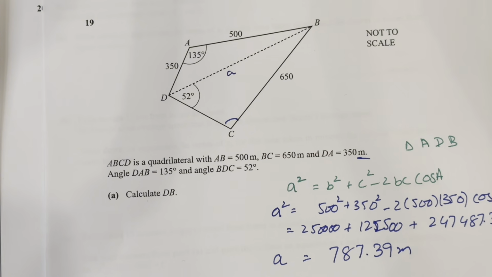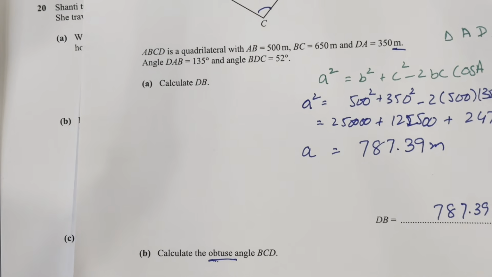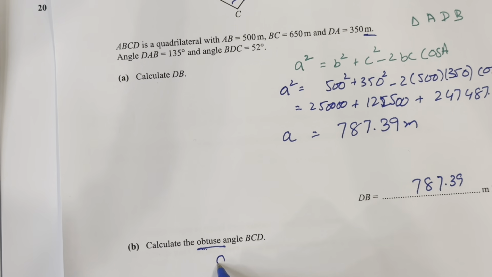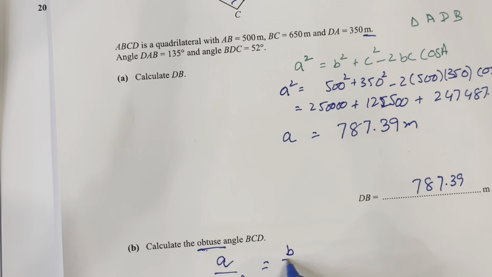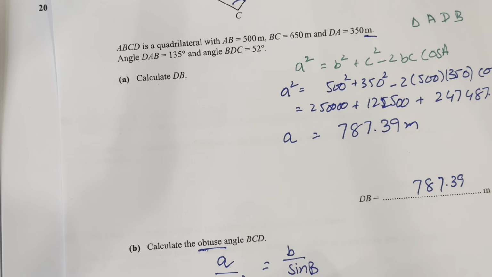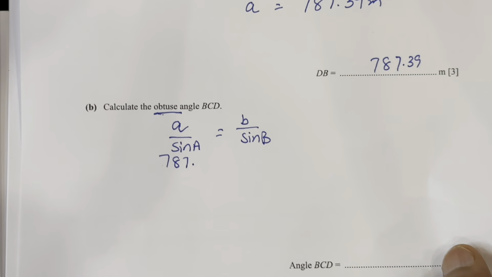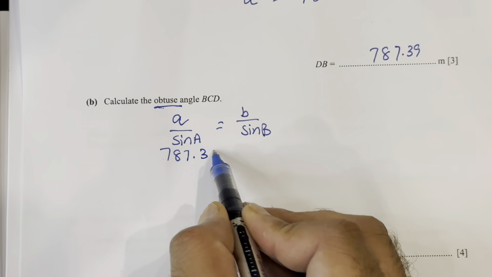It would be like that: a over sine A is equal to b over sine B. A we just calculated, 787.39.